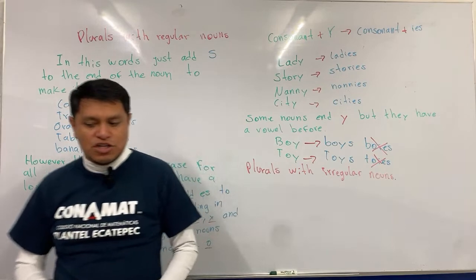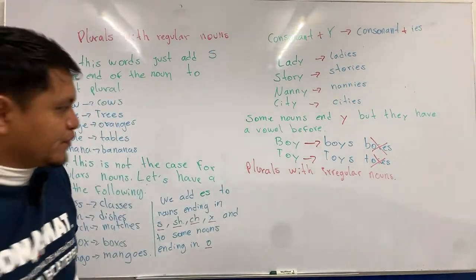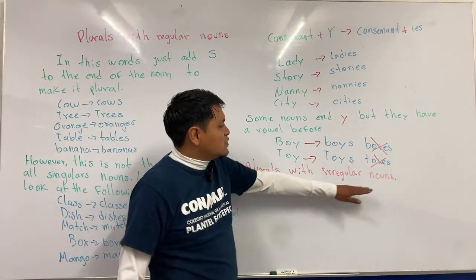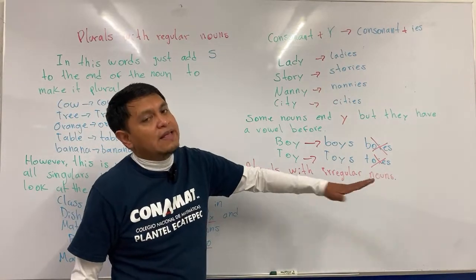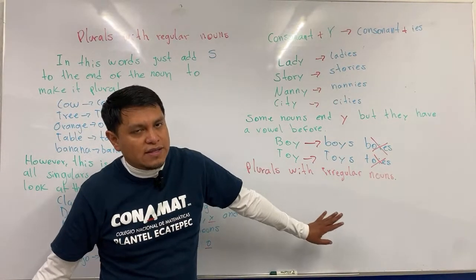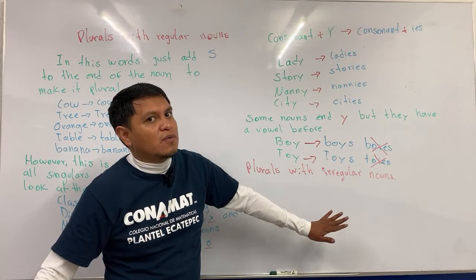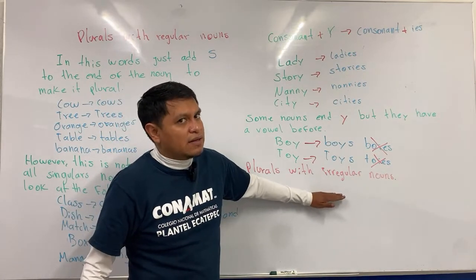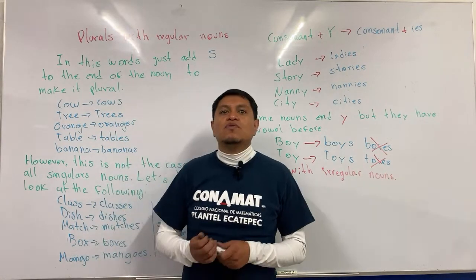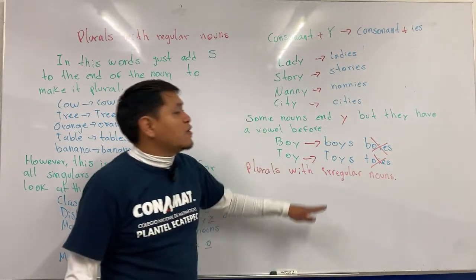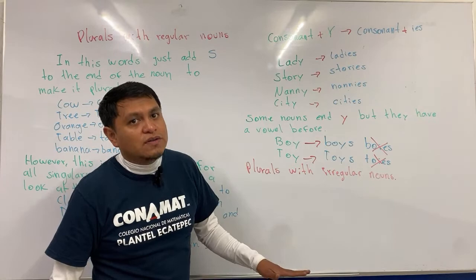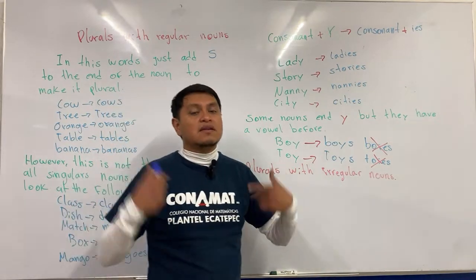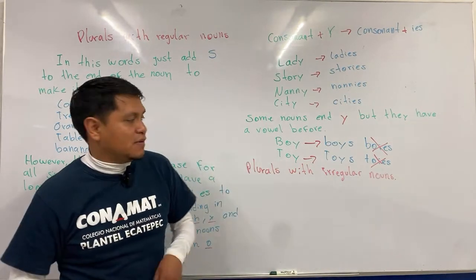Okay? Check this example. In this case, these nouns don't follow any rules, I mean, esto no sigue ninguna regla. You have to remember all these words. Tienes que memorizar todas estas palabras.